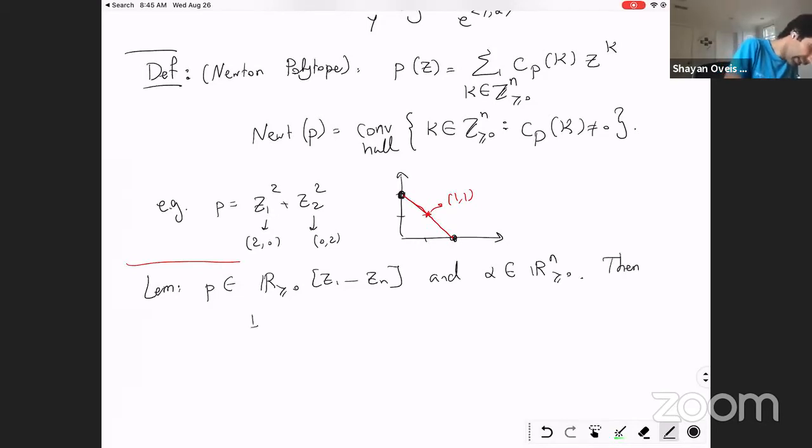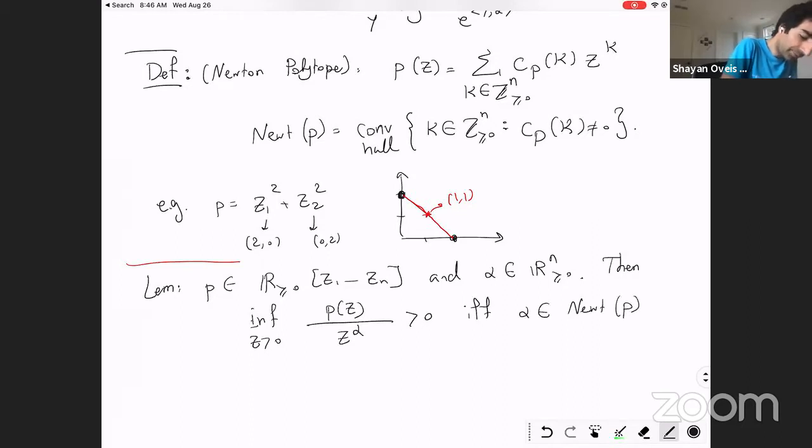Then the infimum over positive z of p(z) over z^alpha is more than 0. Note that this is never negative because p(z) is always non-negative and z^alpha is always non-negative. It's either 0 or more than 0. So it's more than 0 if and only if alpha is in the Newton polytope of p. Okay, so all I'm saying is that if you have any point inside the Newton polytope, this thing would be positive. Otherwise, it will be 0.